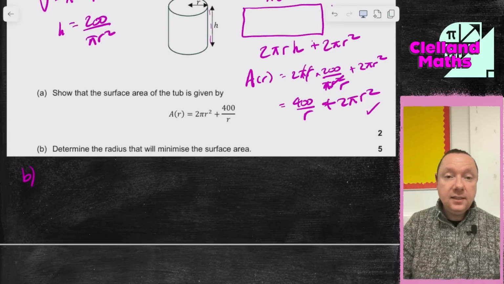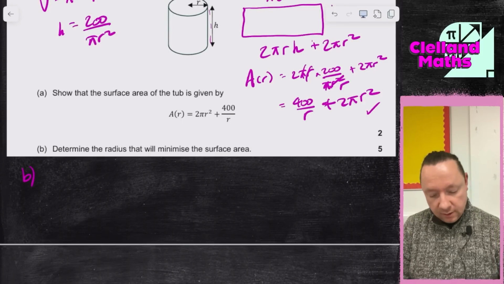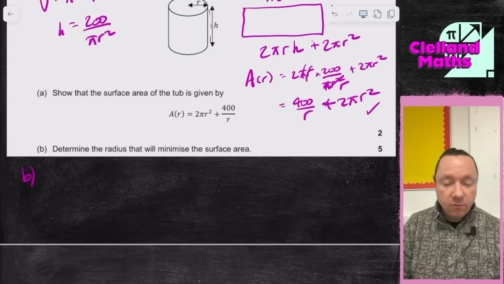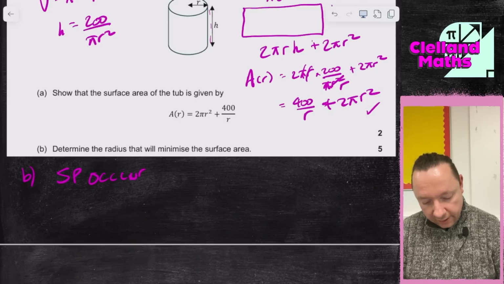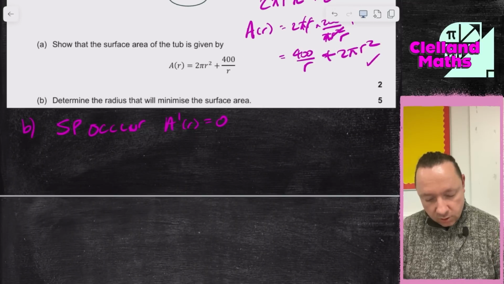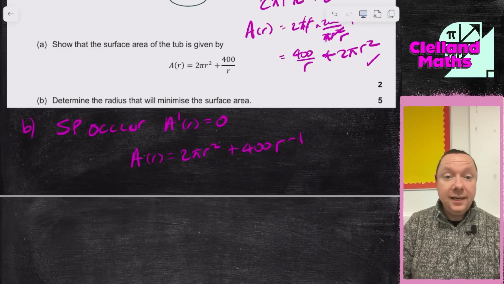So for minimize, I need to differentiate it and find the stationary points, and then find out which one's the minimum, of course. So stationary points occur when A dash r equals 0. So starting off with A of r, 2 pi r squared plus 400, and that'll be r to the minus 1, taking it up.